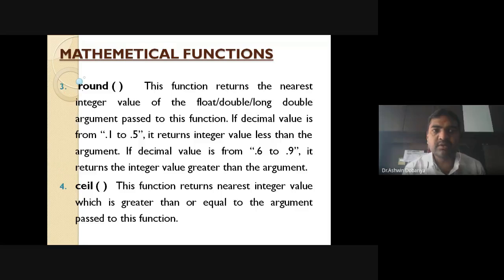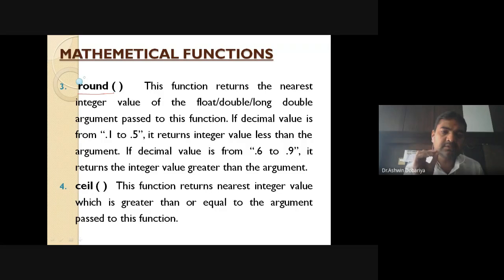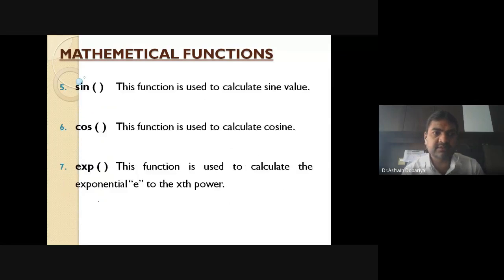Then the round function, which returns the rounded value, and if the decimal part is 5 or more than 5, then it will add one to the integer, right? And if the decimal value is below 0.5, then it will only return the integer value. So that also we discussed. Then the ceiling function, which returns the nearest upper value. So these 4 functions we discussed.